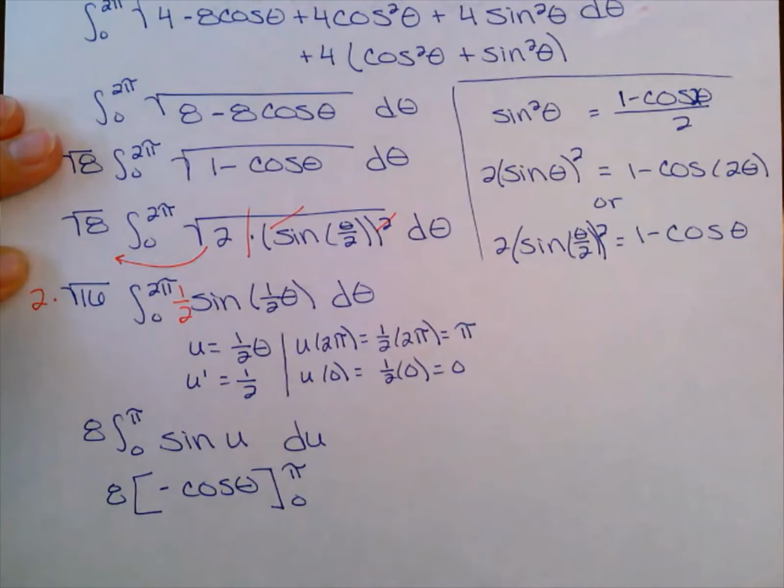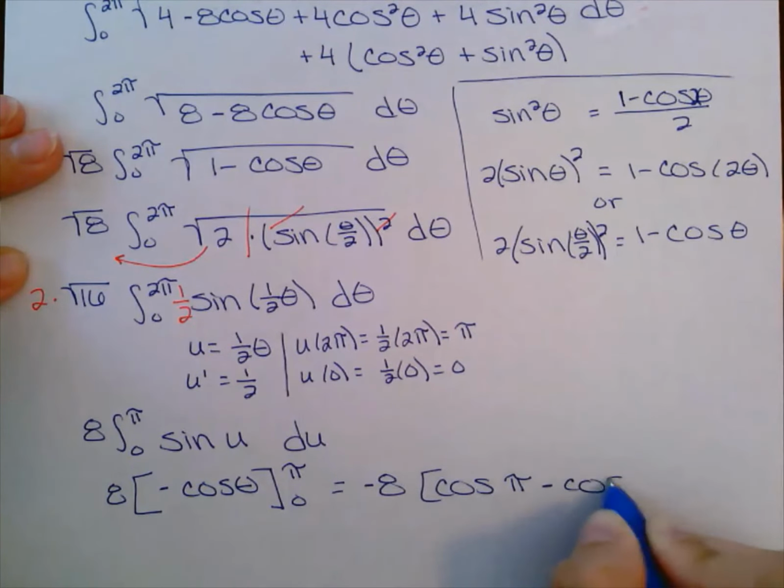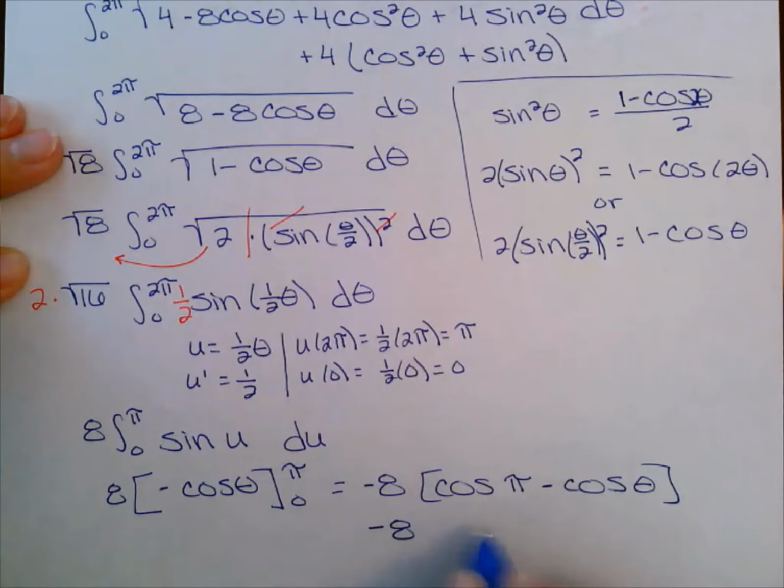And now I'm just doing my f of b minus f of a. So I'm going to take the negative to the outside with the 8. I'm going to say negative 8, and then cosine of pi minus cosine of 0.